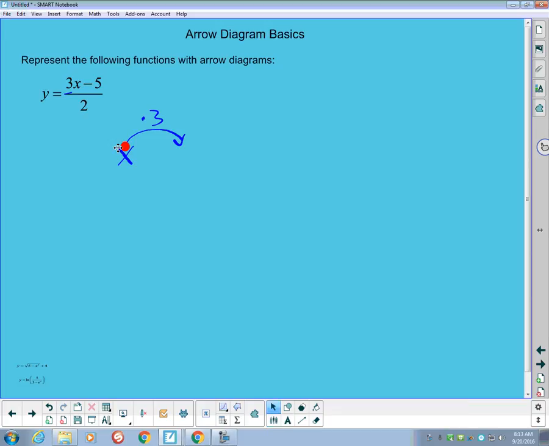Now, one of the things we can do here is keep track of what we've done so far. So if the input was an x and we're multiplying by 3, then that is going to output a 3x, and we see exactly that 3x showing up in what we're trying to do. The next step is this subtraction by 5.